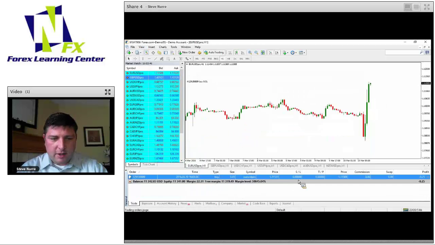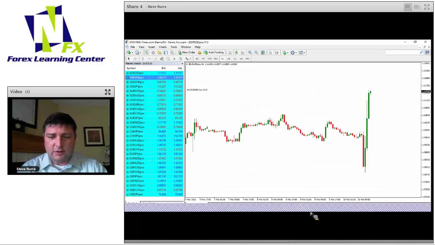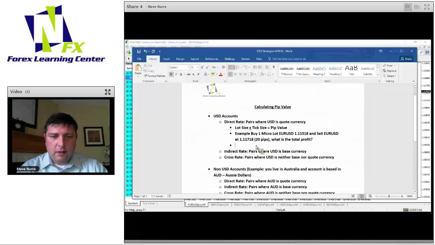The pip value is very simple here: we did a micro lot, so we're controlling 1,000 units of currency. We're doing the EUR/USD, so 0.0001 is the tick size, or pip size, and that's 10 cents per pip for micro lots.